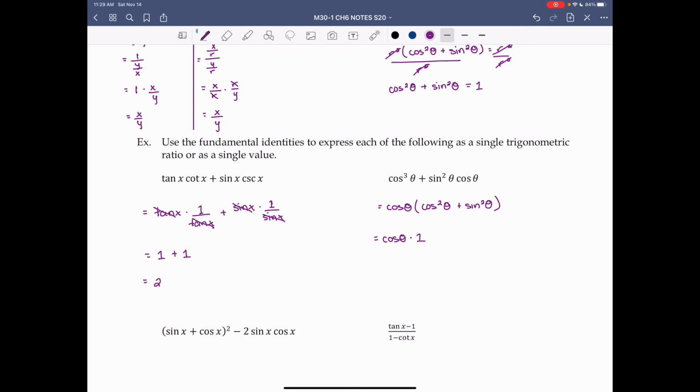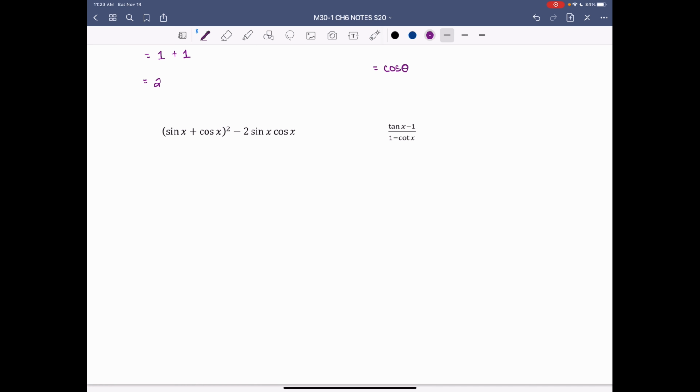Sine x plus cos x, all squared, minus 2 sine x cos x. Let's multiply out the binomial. So we're doing sine x plus cos x times sine x plus cos x. And then we have minus 2 sine x cos x. Sine x times sine x is sine squared x.